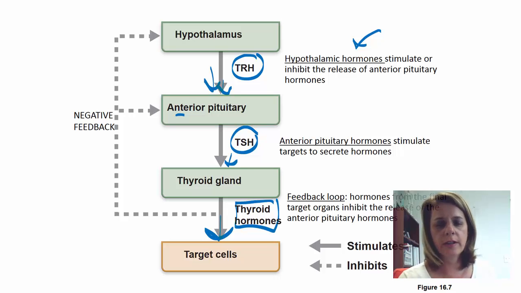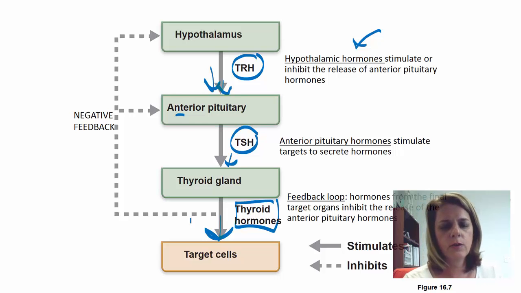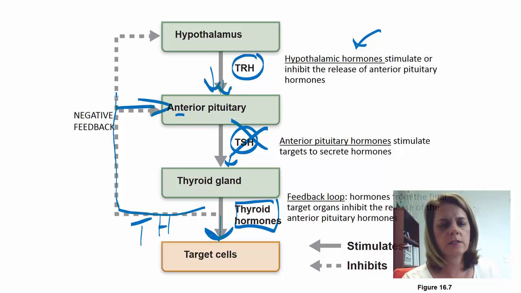The anterior pituitary gland, depending on what hormone it's releasing, will go to the thyroid gland, the ovaries, the testes, lots of different glands, and those glands will then produce more hormones. This is all negative feedback. So if you have plenty of thyroid hormone in the blood, you're going to feed back and say, we don't need any more TSH. We don't need any more TRH.